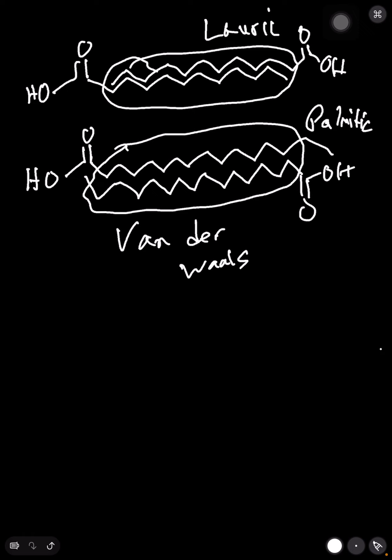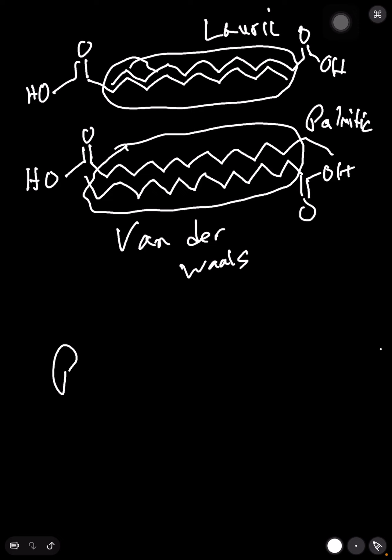Common sense should tell you that the longer the chain, the more of these van der Waals interactions you have. The more van der Waals interactions you have, the stronger the attraction, and the more they're going to stick to each other. The stronger they stick to each other, the more energy that's needed to break them apart, right?